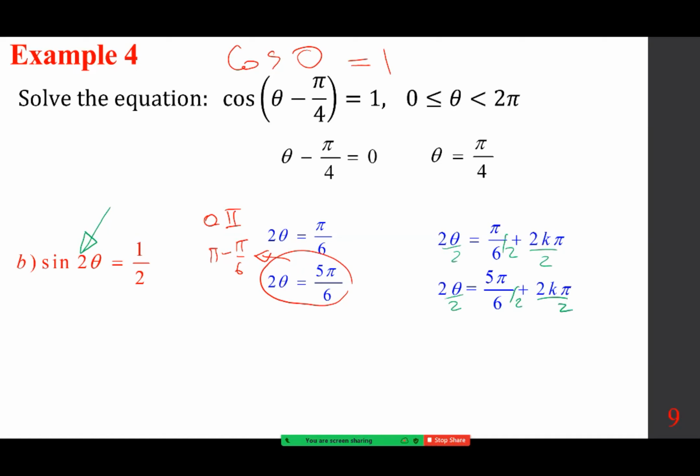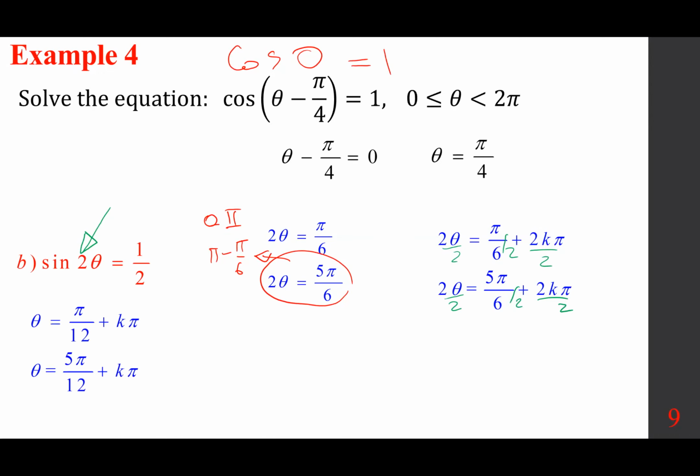So we get theta equals pi over 12 plus k pi, or 5 pi over 12 plus k pi. And since this is number 2, we let k be 0 and 1 only.